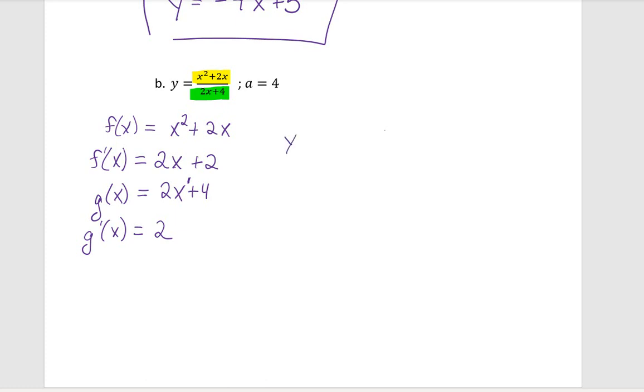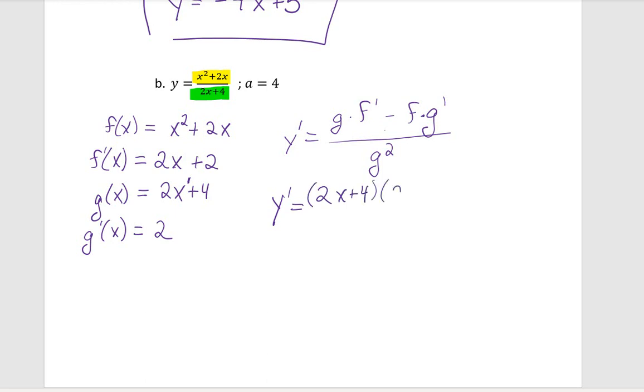So the derivative of my y function is going to be the bottom times the derivative of the top minus the top times the derivative of the bottom all over that bottom part squared. So y prime will be 2x plus 4 times 2x plus 2.